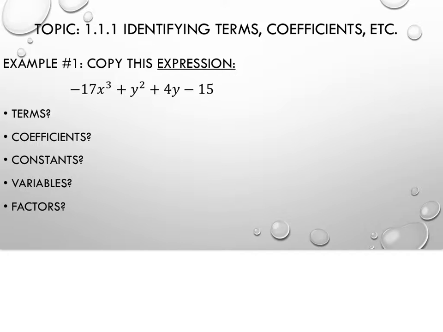So let's go through, take a moment, pause the video, and copy down this expression. If you have a workbook, it's probably already copied for you. While you're pausing, see if you can write down the terms, the coefficients, the constants, the variables, and the factors, and then we'll do those together when you're not paused.